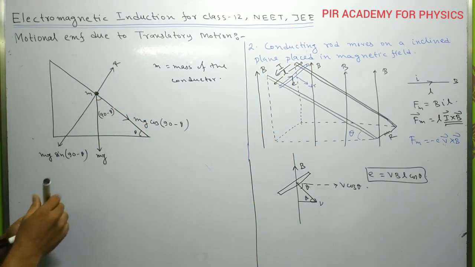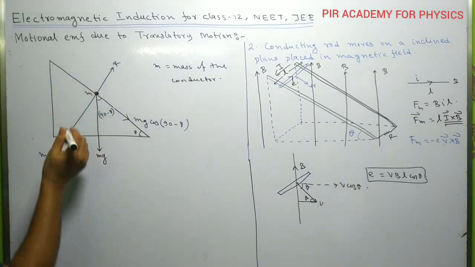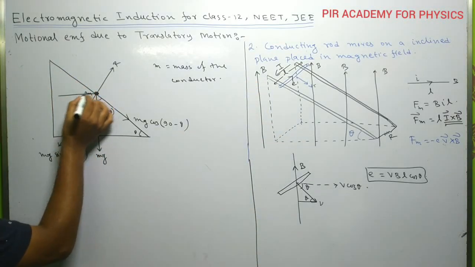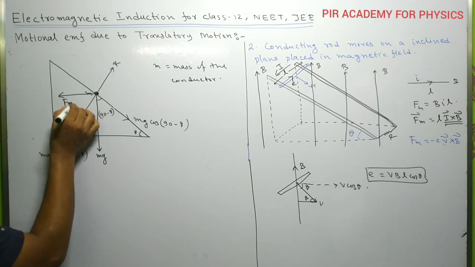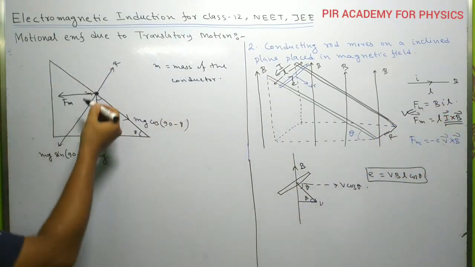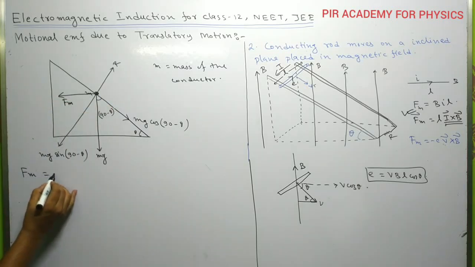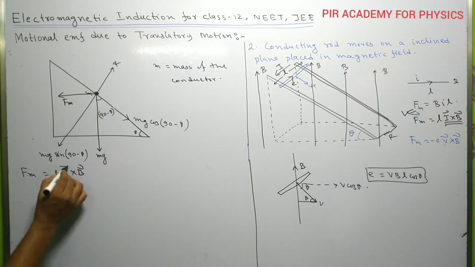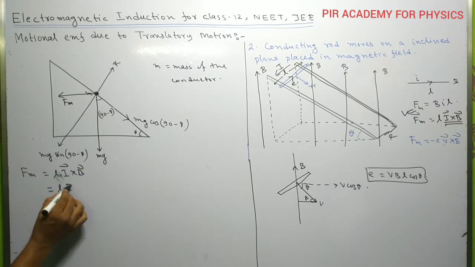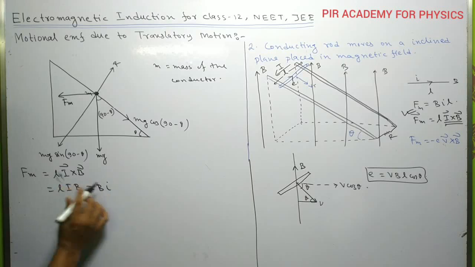That means the magnetic force is along this direction. This magnetic force F equals L I cross B, that means B I L.